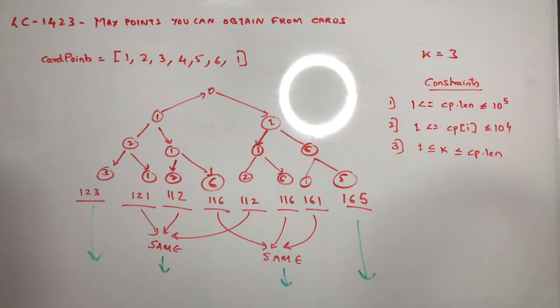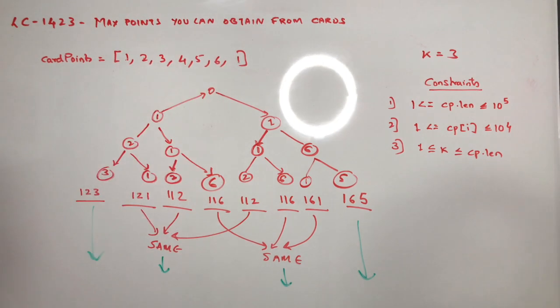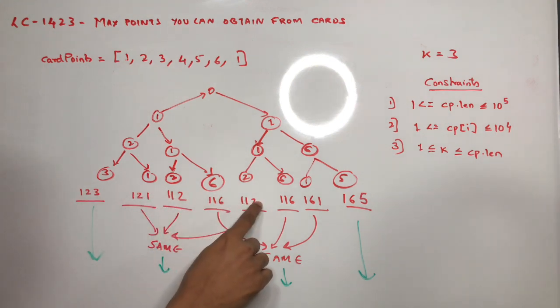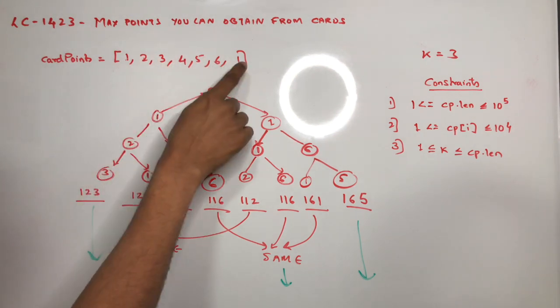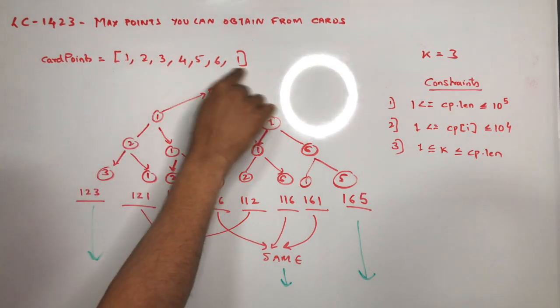Now, based on the observation that we have made earlier, let's look at how these cards that are picked in this order map to this array. Let's look at this first choosing, which is 1, 2 and 3. This particular combination maps to the first 3 elements from the leftmost side. Now let's look at the second. All these 3, 1, 2, 1, 1, 1, 2 and 1, 1, 2, as I mentioned earlier, whether it is 1, 2, 1 or 1, 1, 2, they all map to these 2 elements on the left and 1 on the right.